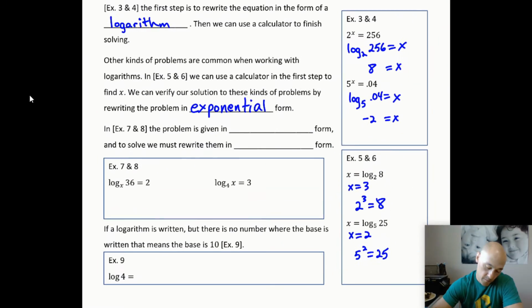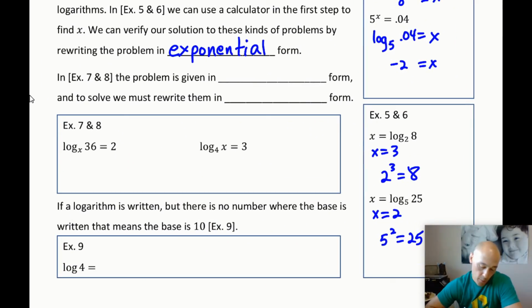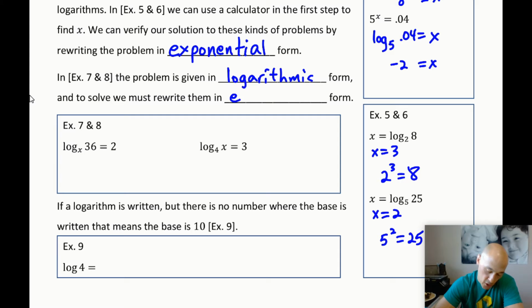All right, so in examples 7 and 8, the problem is given in logarithmic form. And to solve, we must rewrite them in exponential form.